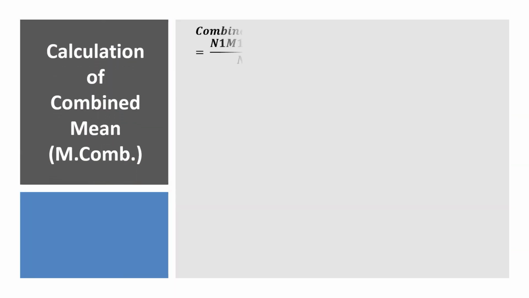The formula I have already stated; here 3 groups are there. So the combined mean will be N1 into M1 plus N2 into M2 plus N3 into M3, divided by the numbers of the 3 different groups, that is N1 plus N2 plus N3. Now you just put the values here.